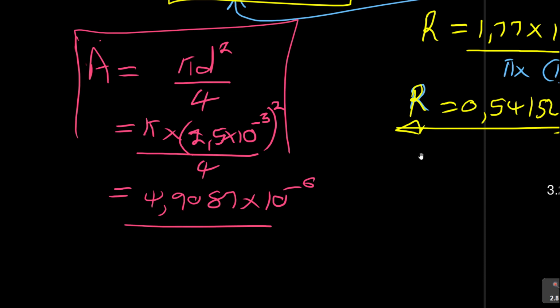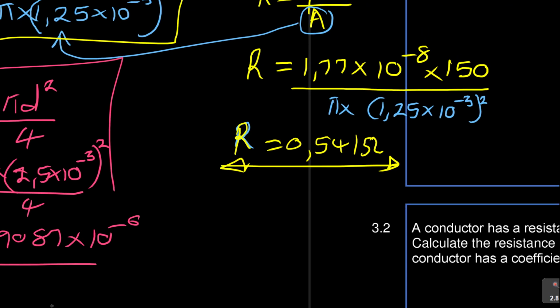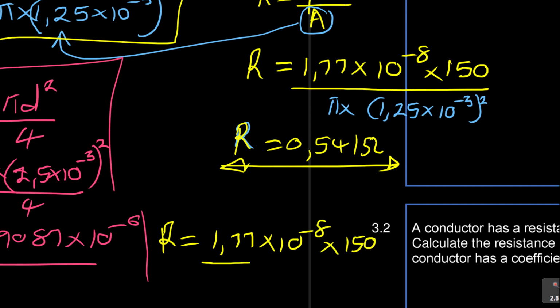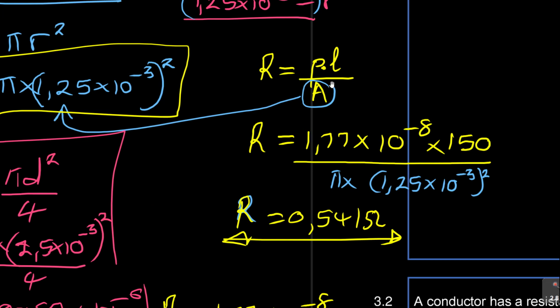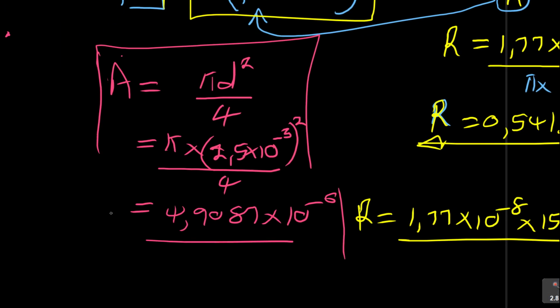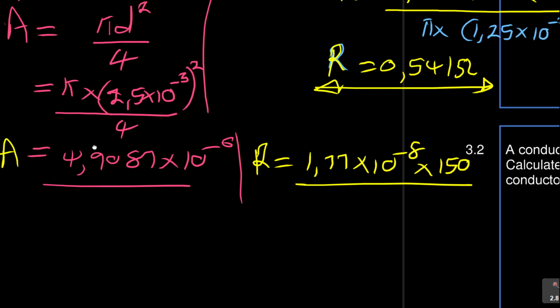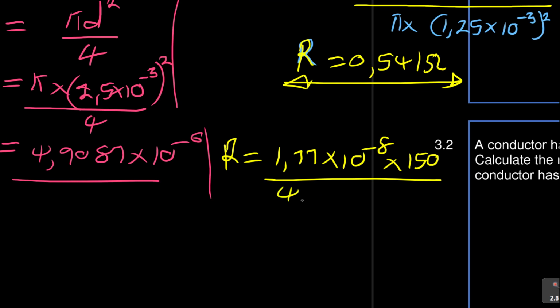Then you take that answer, you remember your resistance. What was it? We said R was equal to 1,77 times 10 to the power negative 8 times 150 divided by area. This is the area there, which was the answer that we got there, 4,9087 times 10 to the power negative 6.